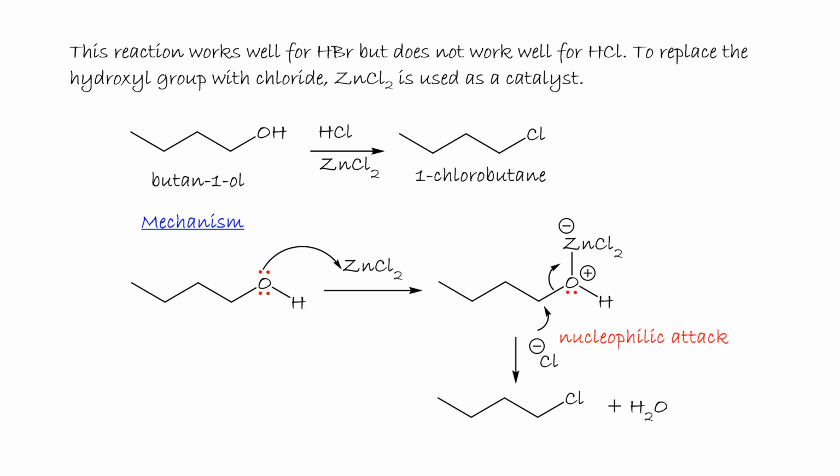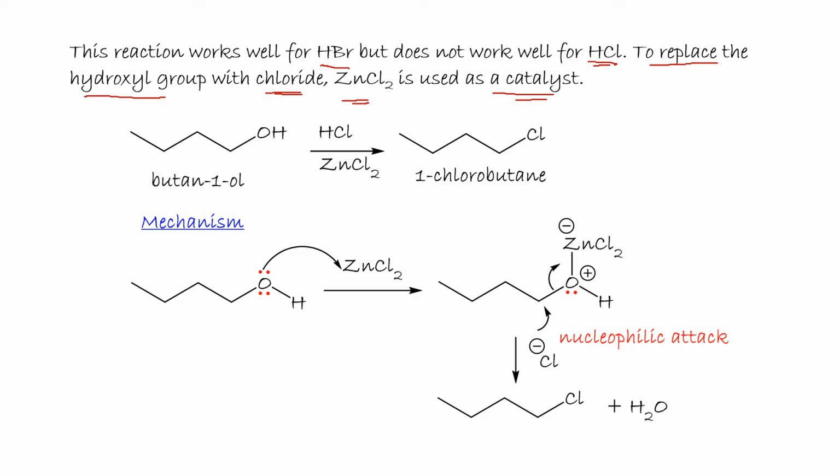This reaction works well with HBr, but does not work well with HCl. It works, but it does not work well. To replace the hydroxyl group with chloride, we use zinc chloride as a catalyst.